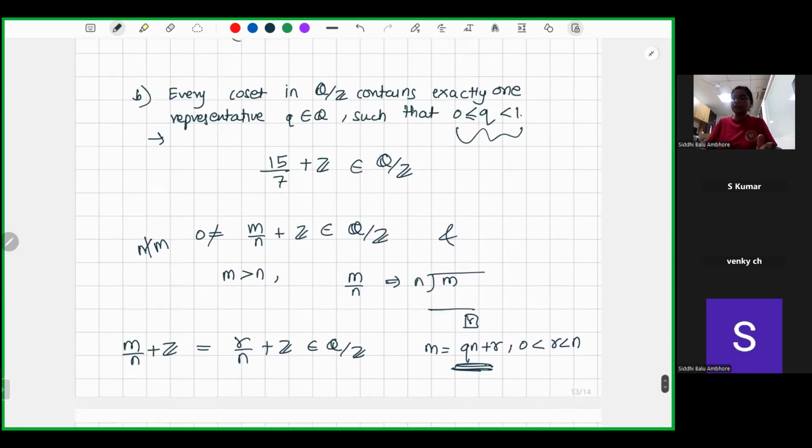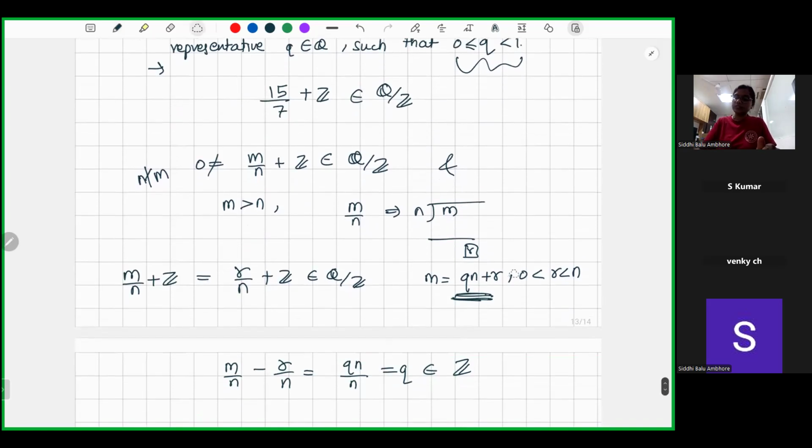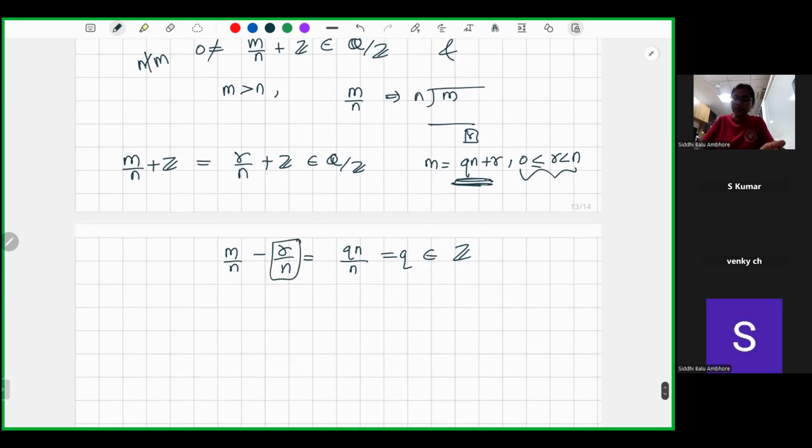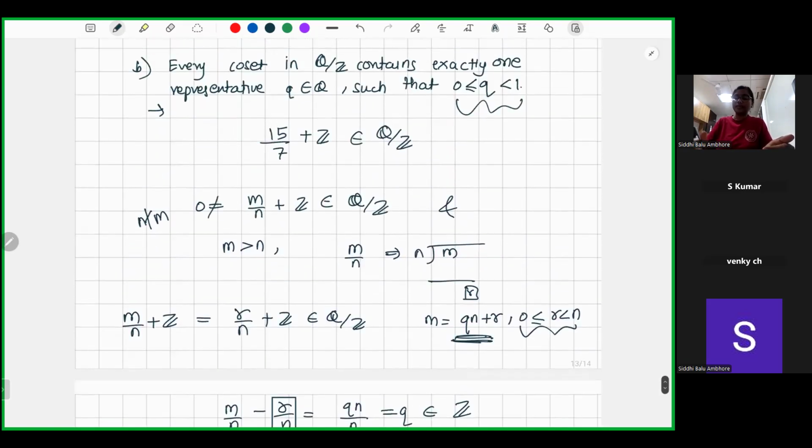And we cannot have any other expression, because this expression we get using the division algorithm, and the moment we restrict 0 less than r less than n, or less than or equal to, doesn't matter, the expression becomes unique. That's why I get this unique r here, and that r by n will give me the unique expression of any element m by n.